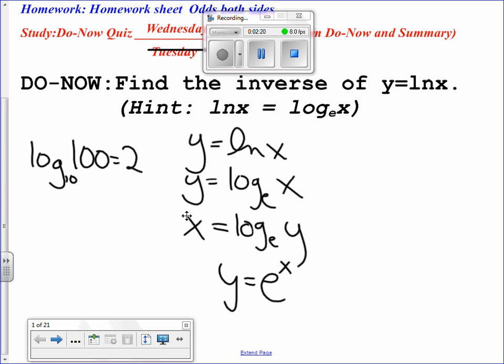Whenever you have the log base of whatever number, it equals the exponent you put on that number to get this answer. Okay, this is logarithmic form. This is equivalent to saying what using exponents? 10 squared equals 100. We're saying the same thing, okay? This is logarithmic form. This is exponential form.